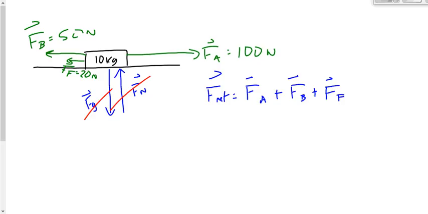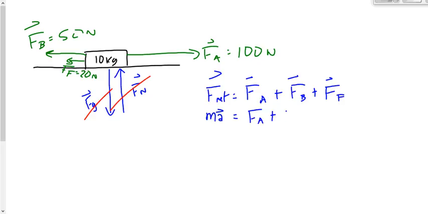Now, if I'm looking for the net force, I'm just going to plug in my numbers at this point and solve. But if I'm looking for the acceleration, what's the next step that I'm going to follow? Yeah, we know that F net is equal to the sum of the forces, but it's also the same thing as M times A. So we'd replace F net with MA this time.